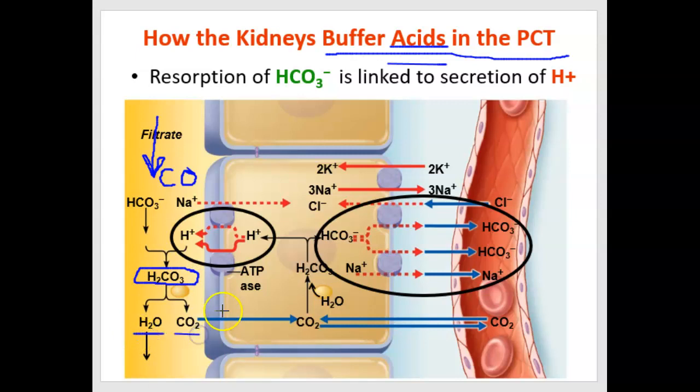And the kidney tubule, the proximal convoluted tubule, takes up the carbon dioxide, which combines inside the cell with intracellular water to form carbonic acid again, which seems a little strange. And then that carbonic acid dissociates, and hydrogen ions can be secreted into the nephron.